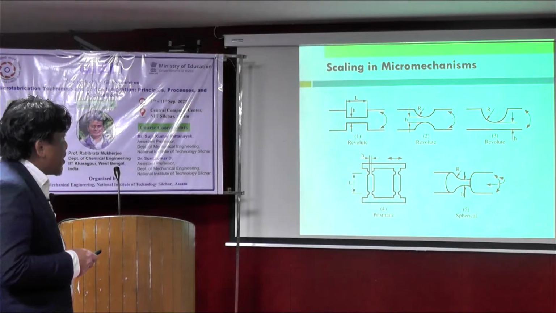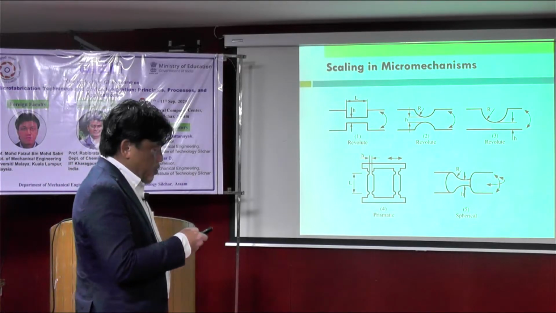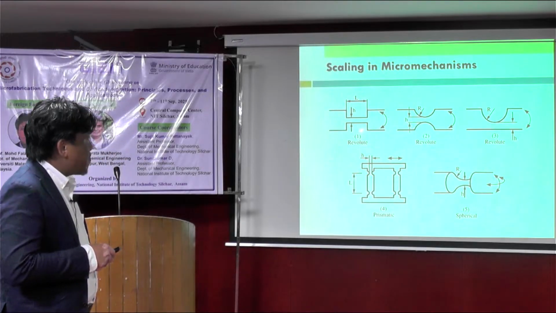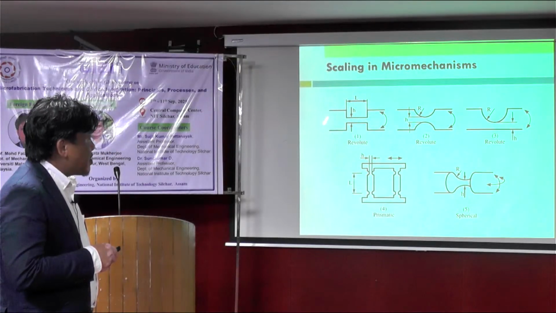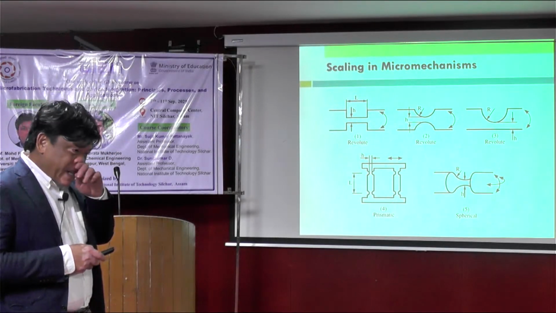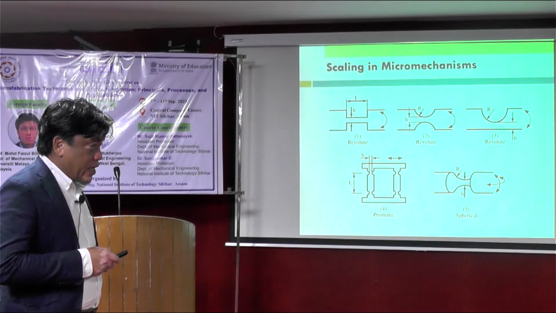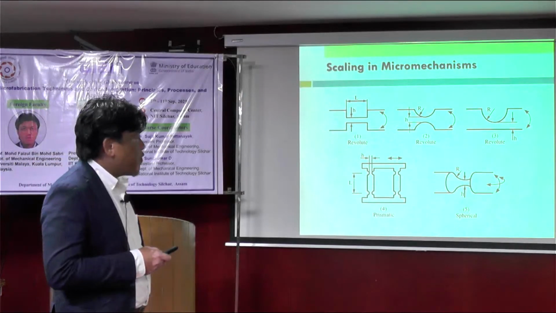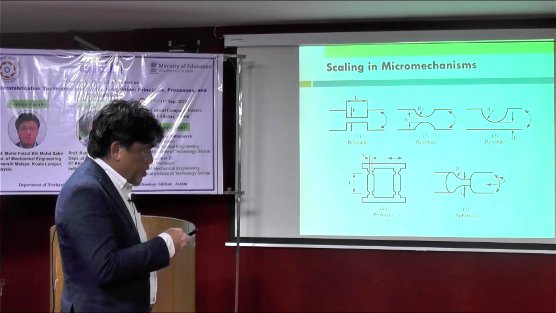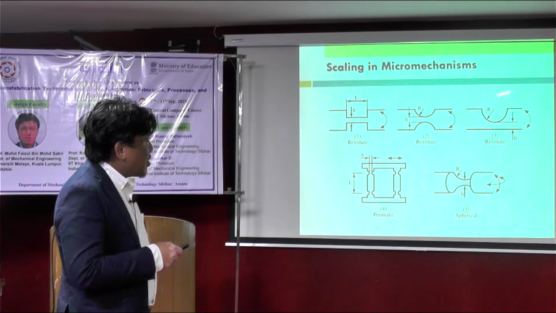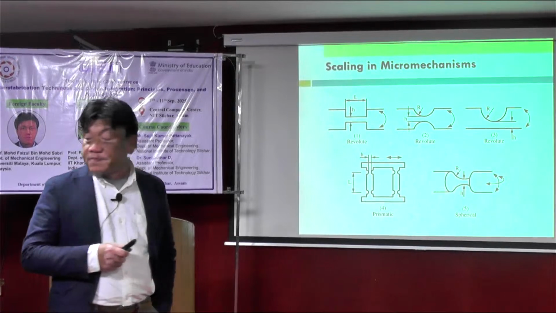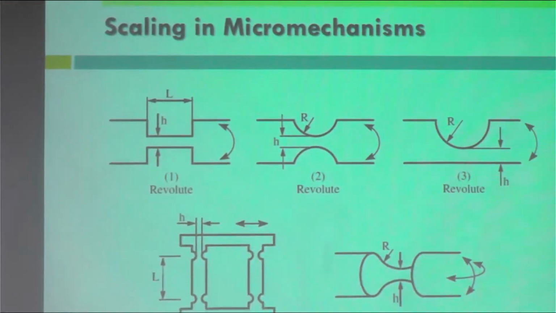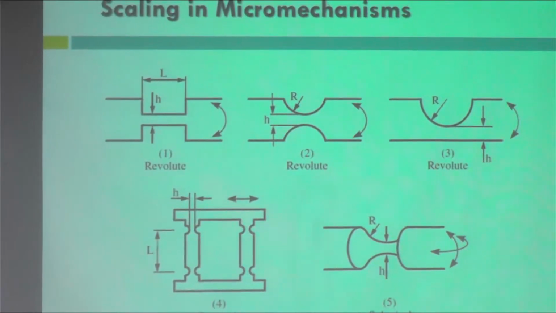Okay, and scaling in micro mechanisms. So we have different mechanisms. For example, here, this is a hinge. The hinge, as I showed you before, the size and shape of this hinge in the design of the micro stage shown previously.